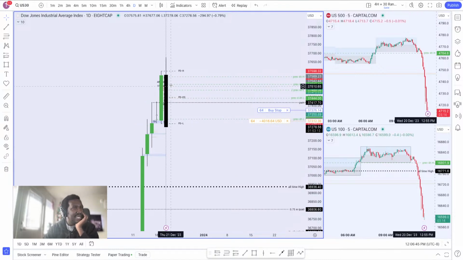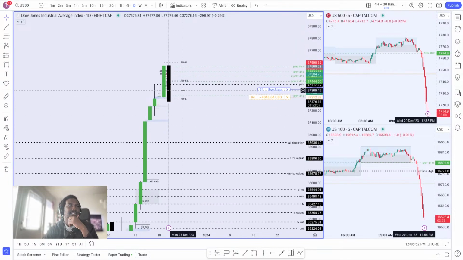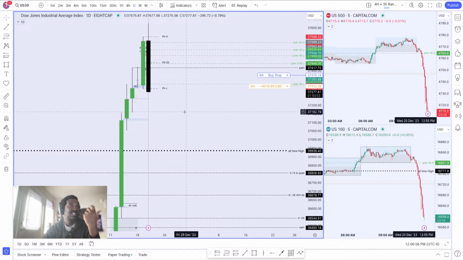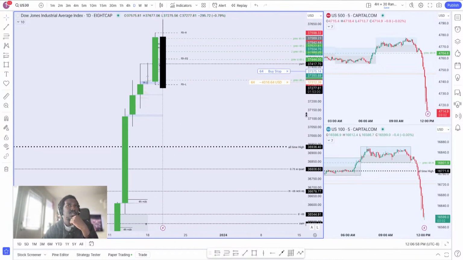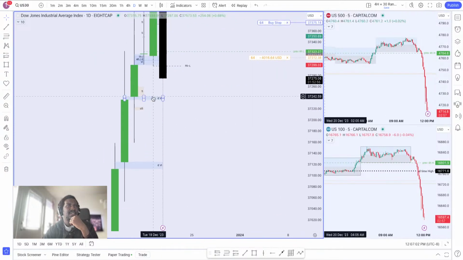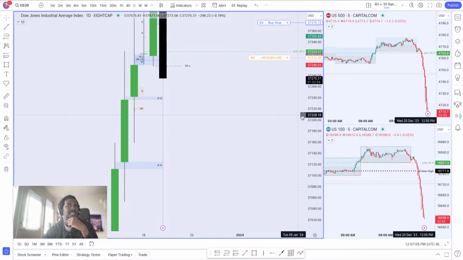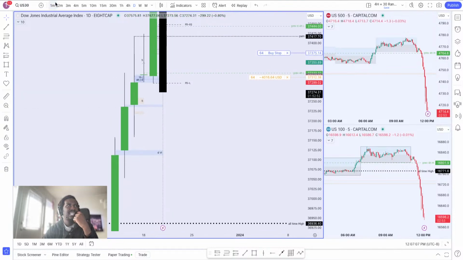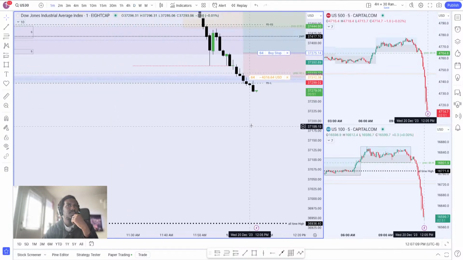If tomorrow, Thursday, we do have a higher high and a higher low, then Friday there's a higher probability that we can see a good sustainable short. Can still happen today anyway. So the other high time frame level would be this daily volume imbalance over here, where I think we are most likely to go to.